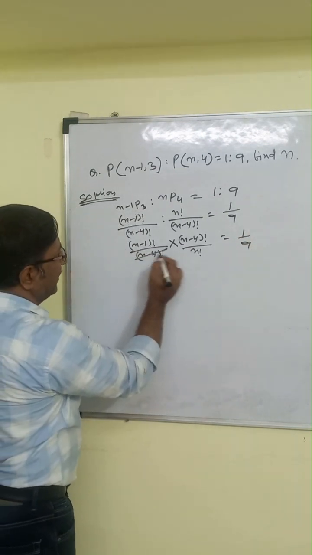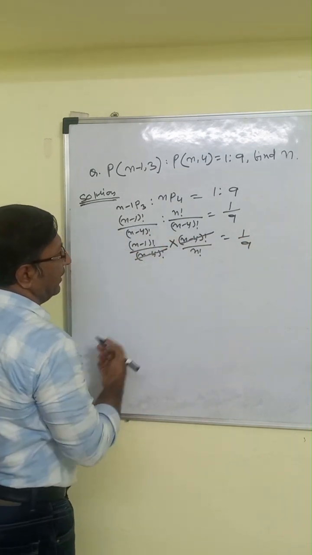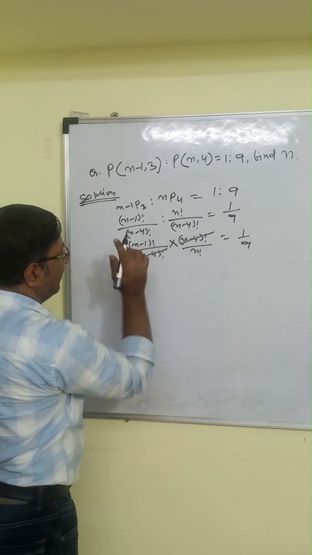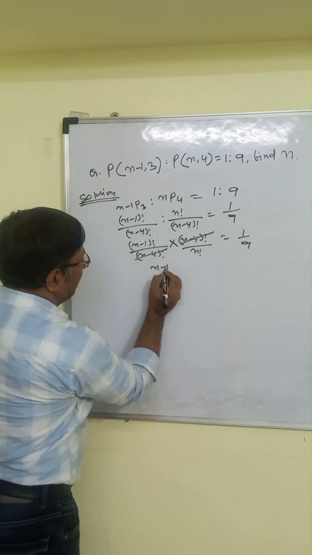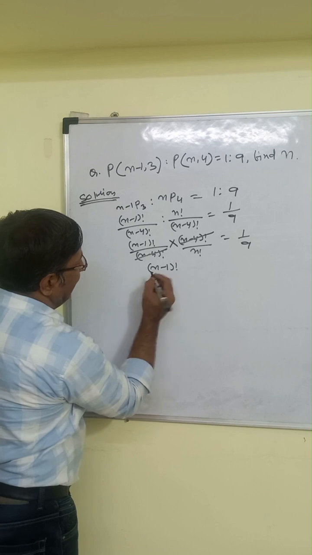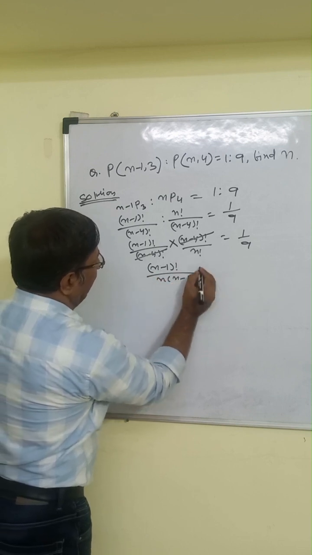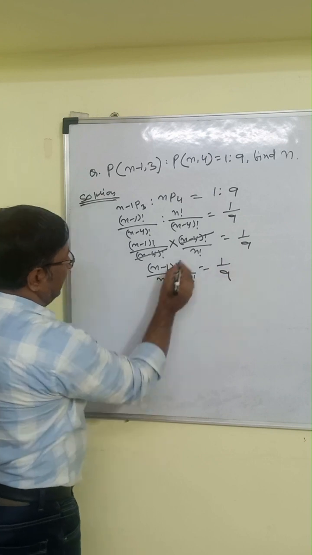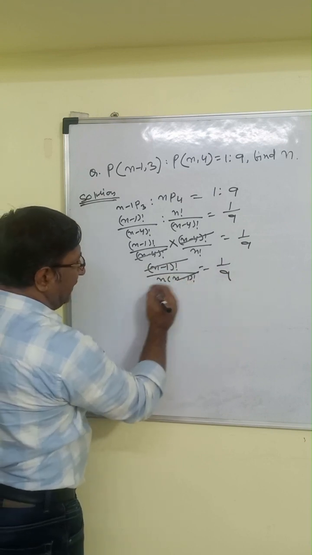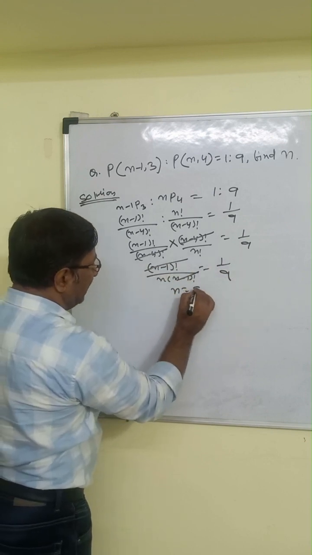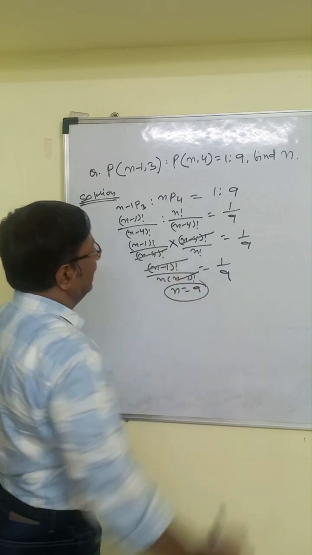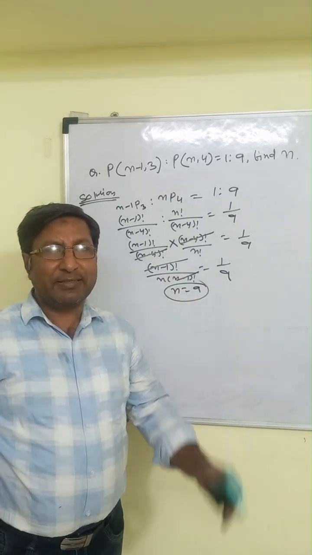So this (n minus 4) factorial cancels out. This is n factorial, this is n minus 1. So n minus 1 is less than n, so n factorial we can write as n into (n minus 1) factorial. 1 by 9. So this (n minus 1) factorial cancels out, and when we go for cross multiplication, it will be what? 9. So our correct answer is 9.